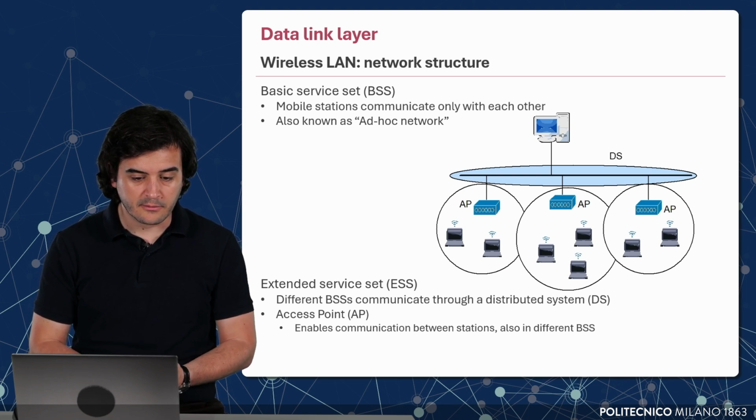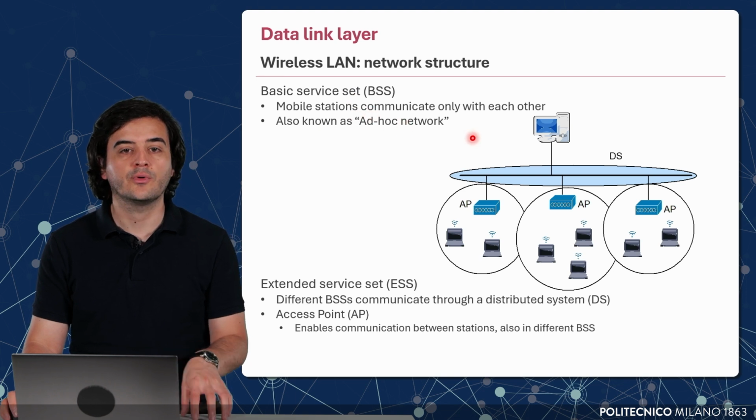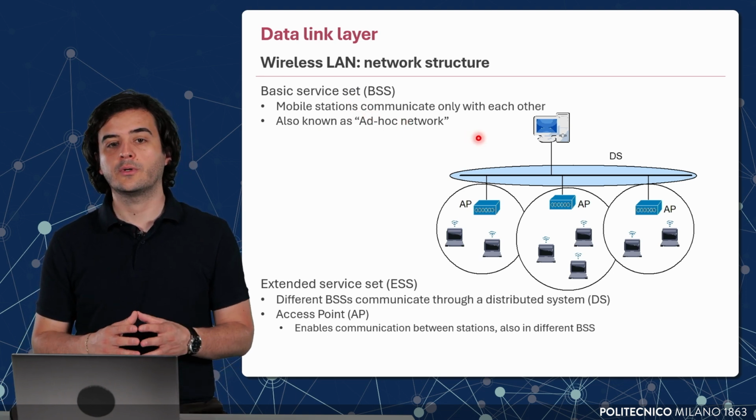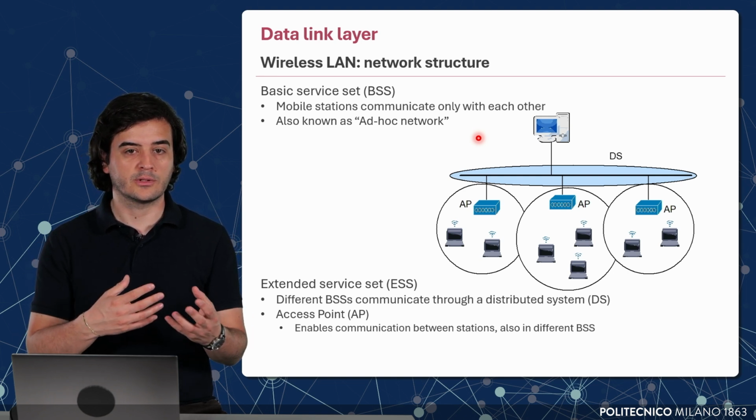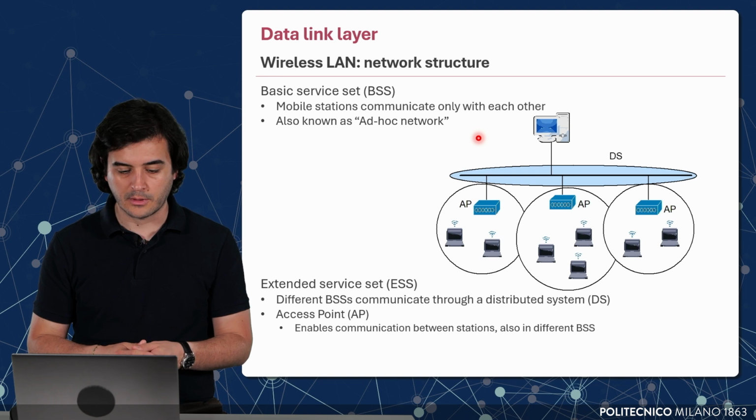Basically, the basic service set implies having some mobile stations that communicate with one another, like having a classroom in which we can send messages from one equipment, from one device to another device.